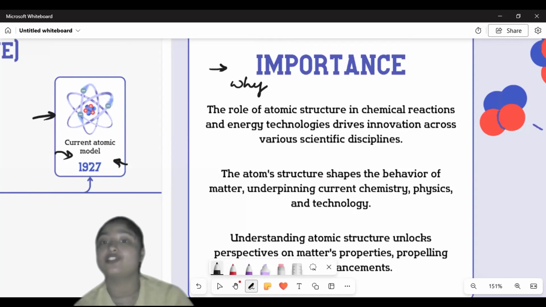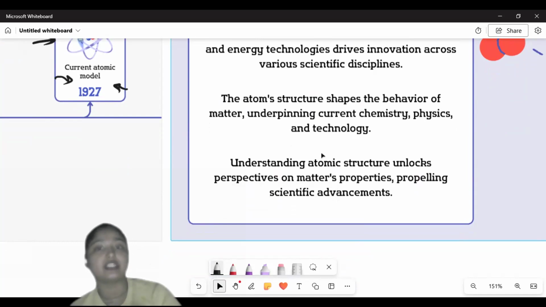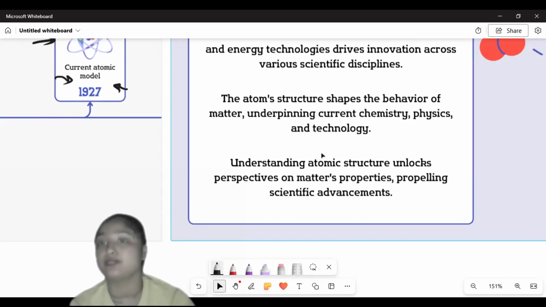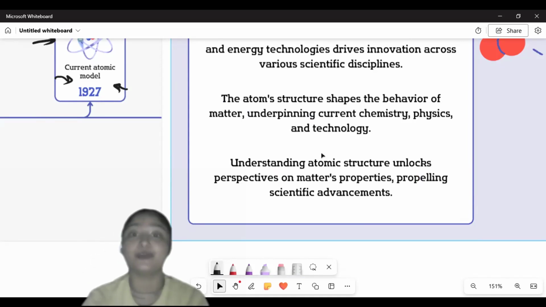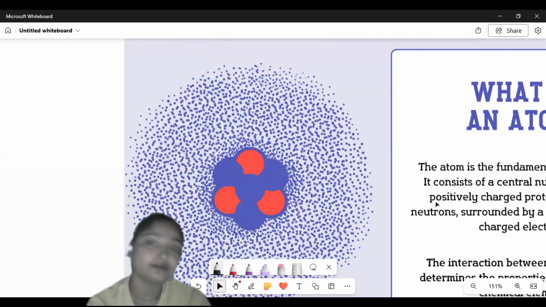The role of atomic structure in chemical reactions and energy technologies drives innovation across various scientific disciplines, and atomic structure shapes the behavior of matter, underpinning current chemistry, physics, and technology. Understanding atomic structure unlocks perspective on matter's properties, propelling scientific advancement. So these are a few reasons why we should learn this, right?